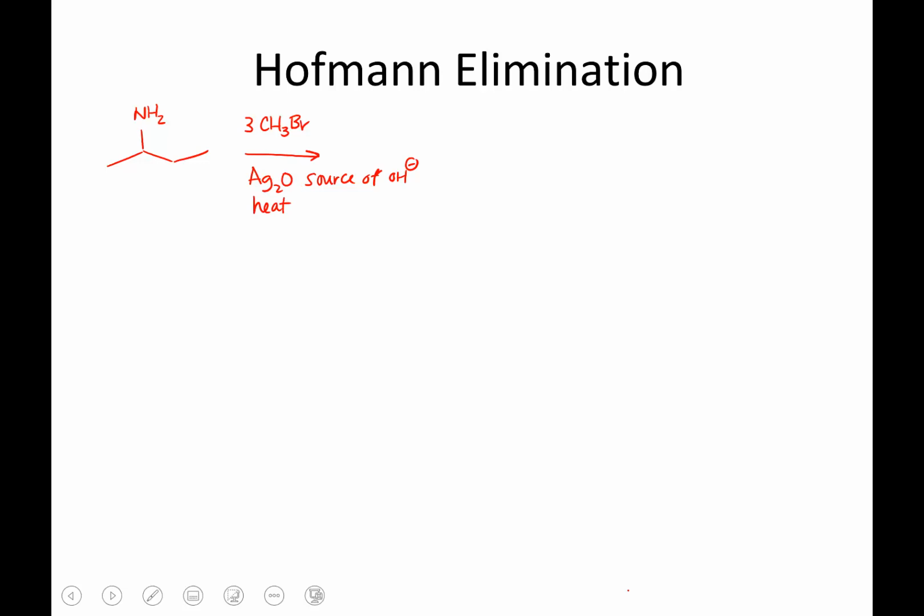reaction. So what's going to happen is the 3 equivalents of CH3Br are going to alkylate the amine so that we form our ammonium salt, and there'll be, in this case, a bromide as the counter ion.